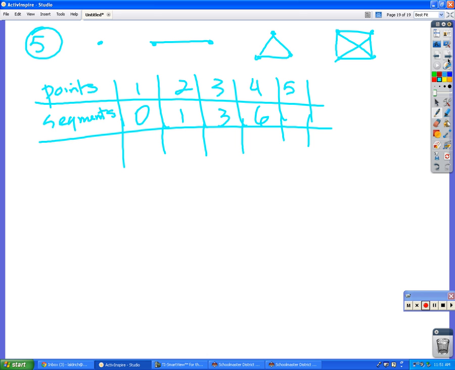Let's go lines per point. How many lines are coming out of this point here? 0. How many lines are coming out of each point there? 1. One going that way, one going that way. How about out of this point, and out of that point, and out of that point? 2. And then this one is going to be 3.